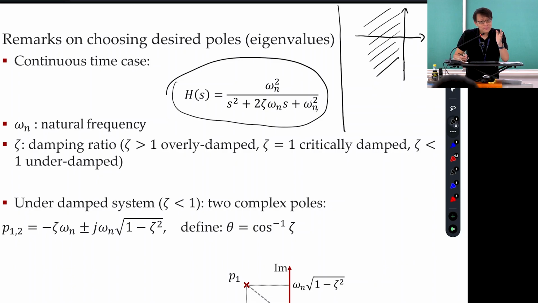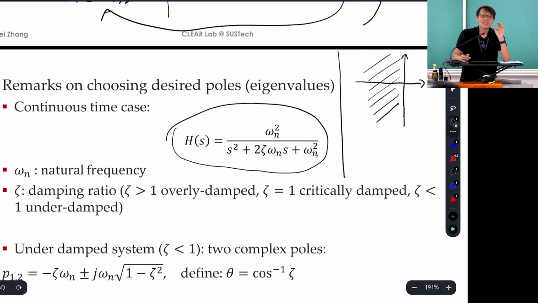It's simple. Yes, and you can roughly see how it works. You can play with it very easily. What if your system is not second order, it's fourth order, fifth order? You have so-called dominant poles. Do you remember dominant?